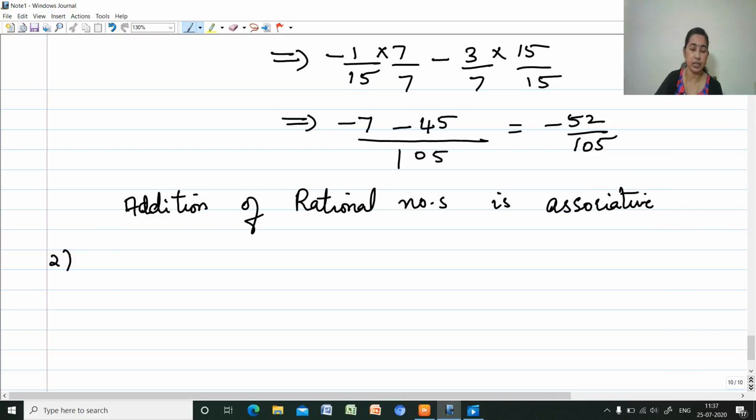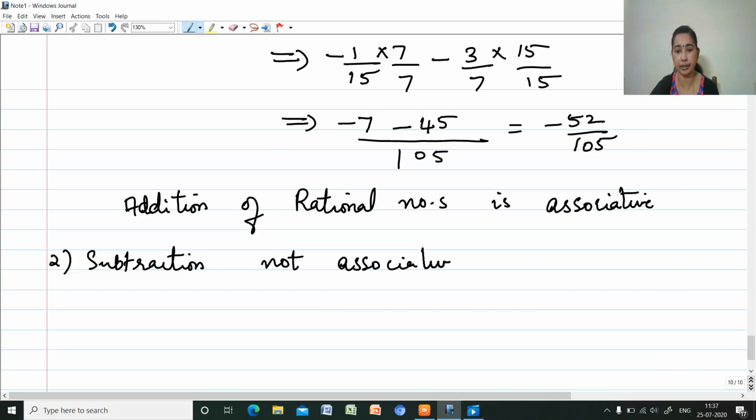But in the case of subtraction, it is not associative, because if we are rearranging, the negative sign comes in between. Then we know that already if the negative sign is there, commutativity is not satisfied. So same way, if we are rearranging and writing, associativity for subtraction also will not be satisfied.